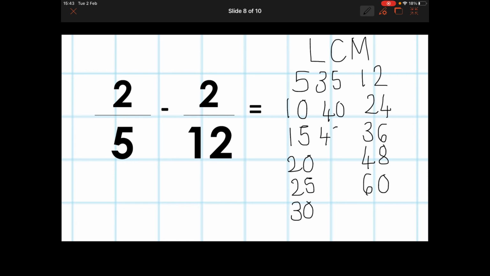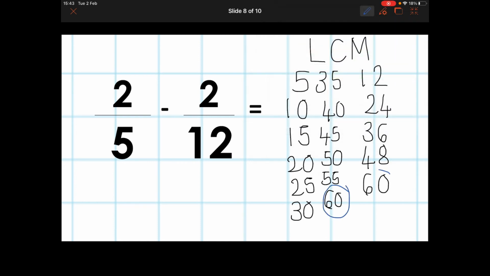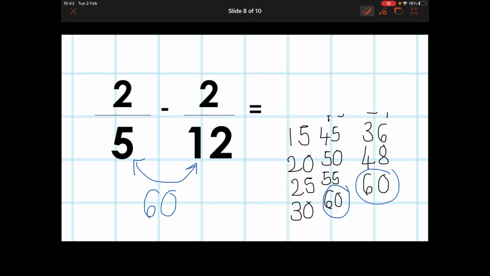So I'm going to extend. Can you think about what number I might land on? What number do you think is coming up? There we are, 60. So if I circle both of those. Now if you were to have multiplied these two together, you also would have got the answer, 60. Okay, keep 60 in your head.